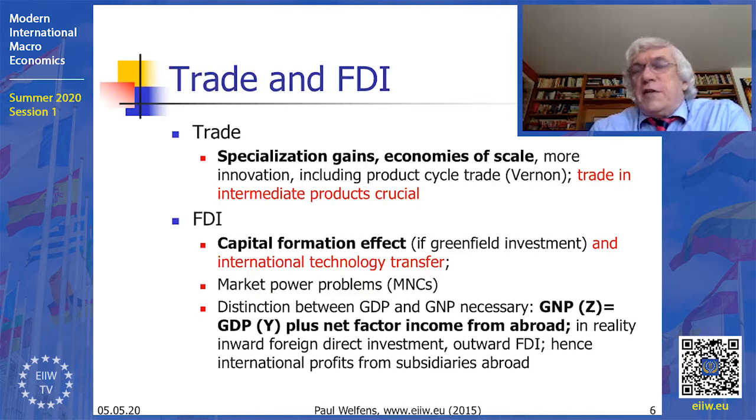And in the third stage, when we are in the maturity stage and the price of the product has started to fall, and we have a very highly standardized production process, well, then the pressure is usually very high to relocate to some other countries, maybe countries in Asia where wages, or I should say unit labor costs, are rather low.